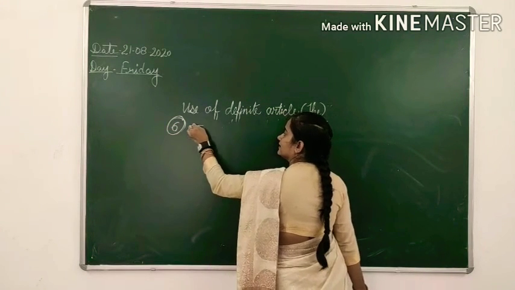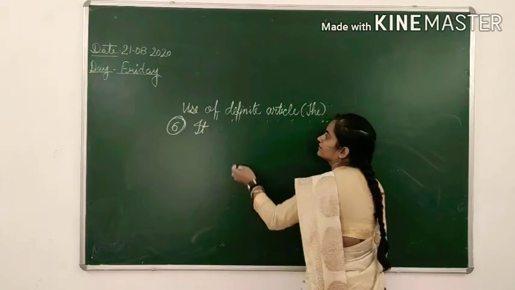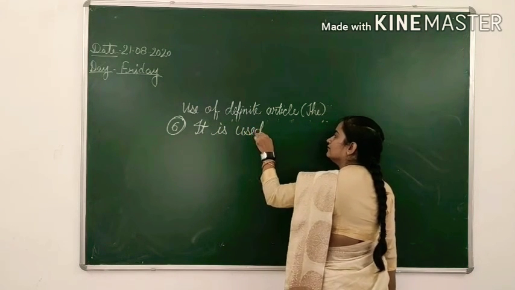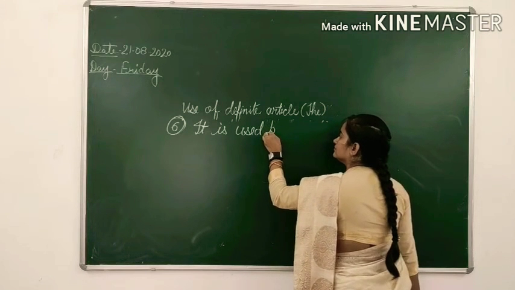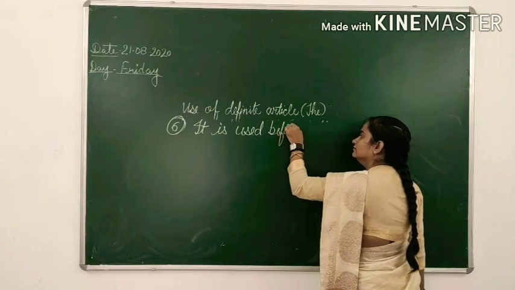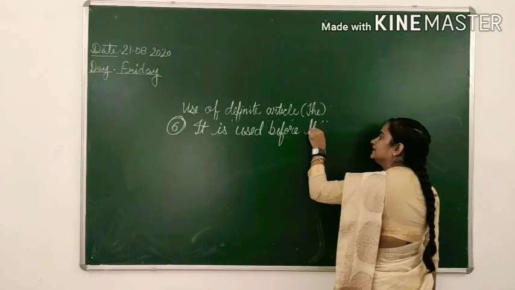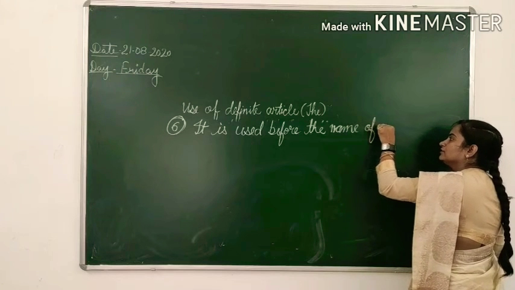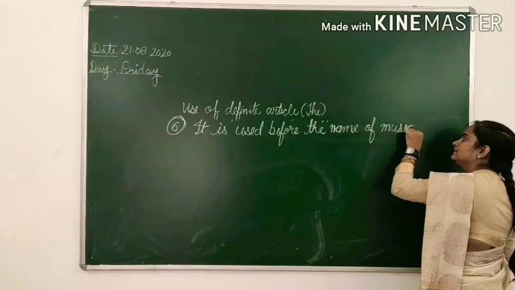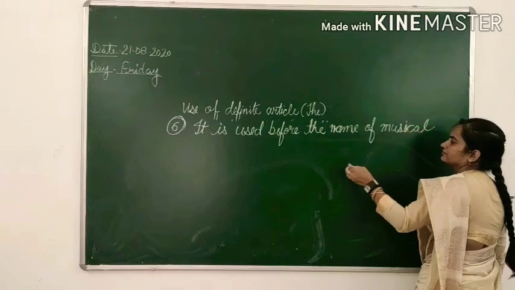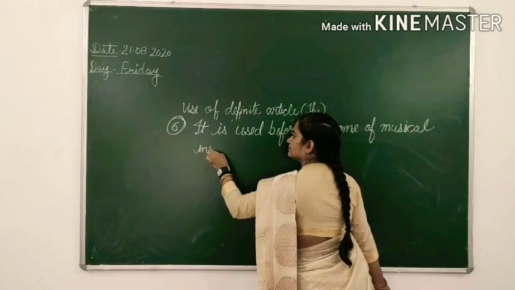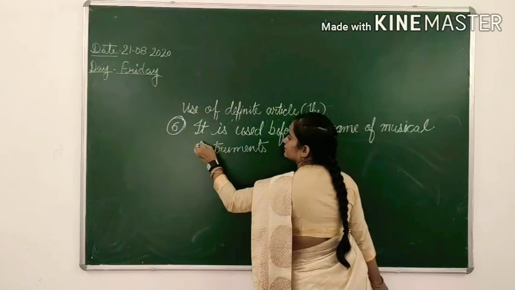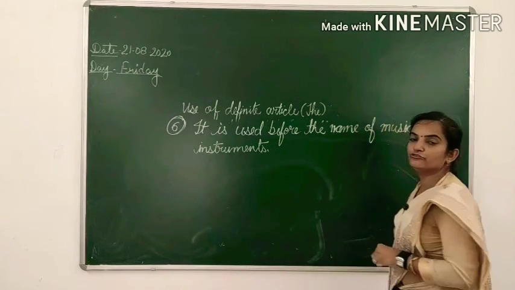Now next use, number 6. The definite article the is used before the name of a musical instrument.